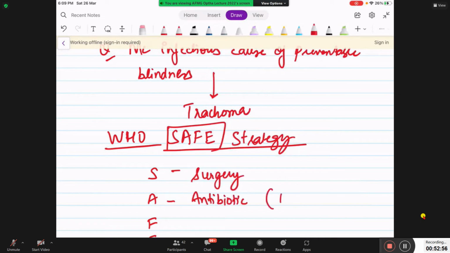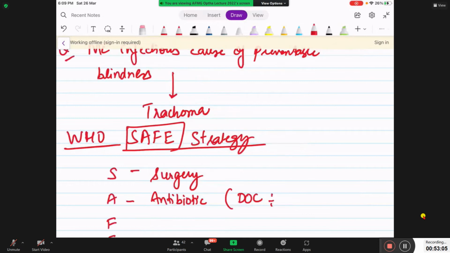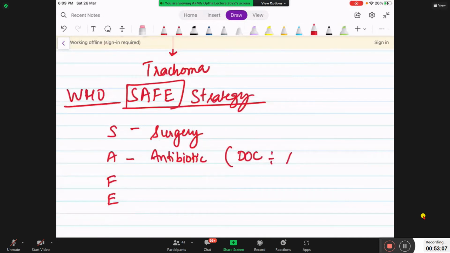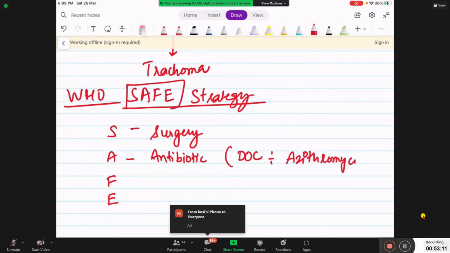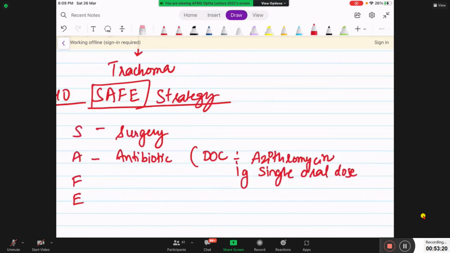Which antibiotic? The question is asked on antibiotic. They will ask you drug of choice for trachoma. Then the answer is azithromycin, 1 gram, single oral dose. Important question.